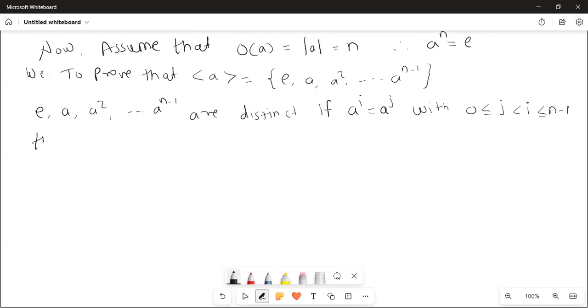Then a raised to i minus j is equals to e आ जाएगा. But this contradicts the fact n.